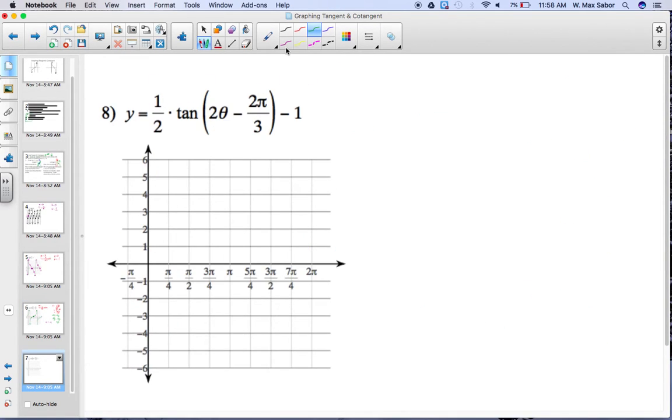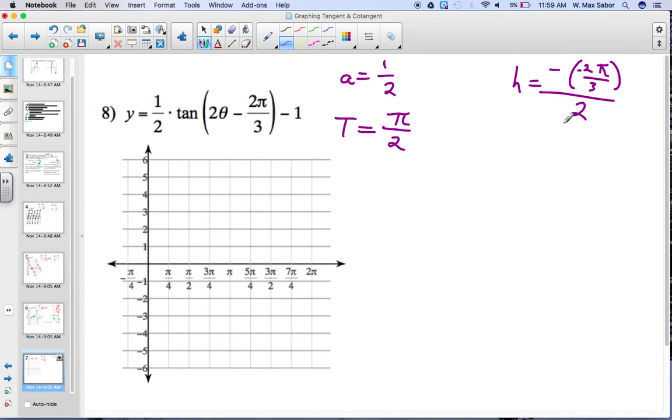One more. Our amplitude is 1/2. Our period is pi divided by b. Our horizontal shift is negative c over b.